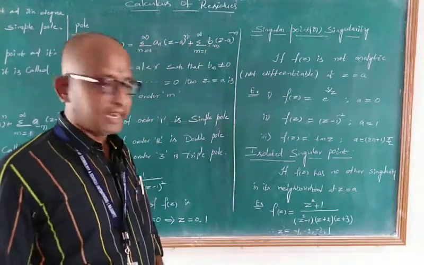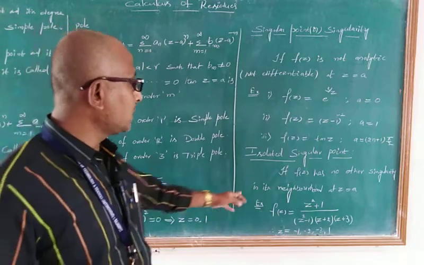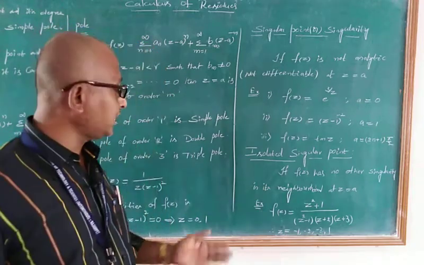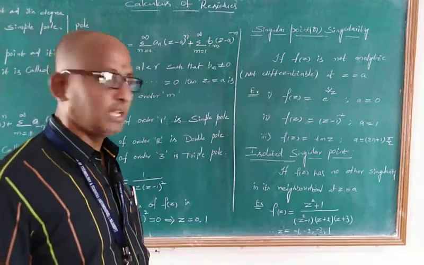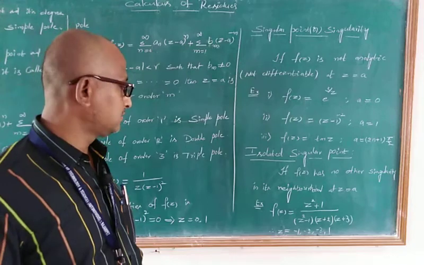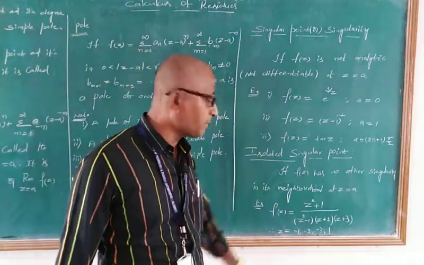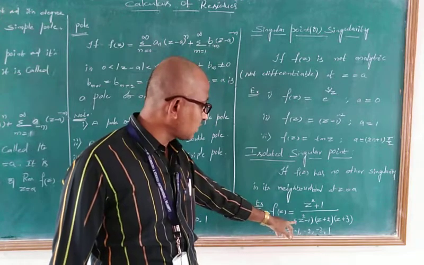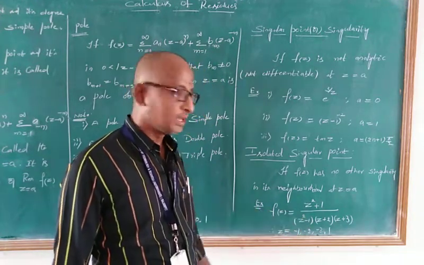Second definition, isolated singular point. If f(z) has no other singularities in its neighborhood of z = a, it is called an isolated singular point. Example, f(z) = (z² + 1) / ((z² − 1)(z + 2)(z + 3)).